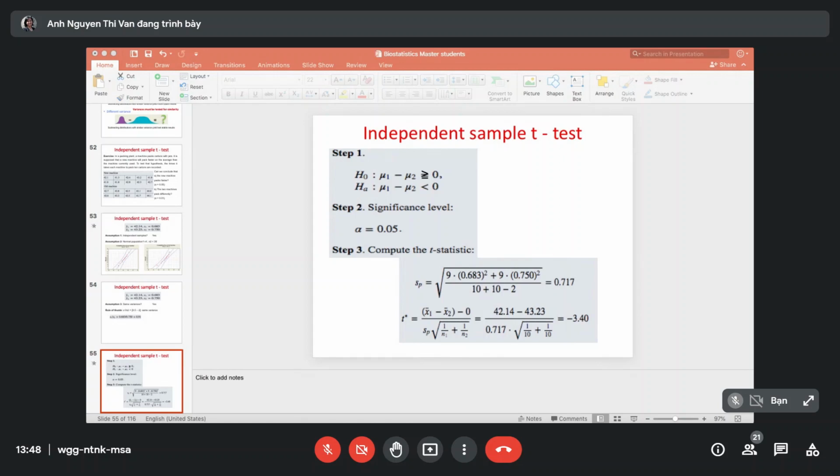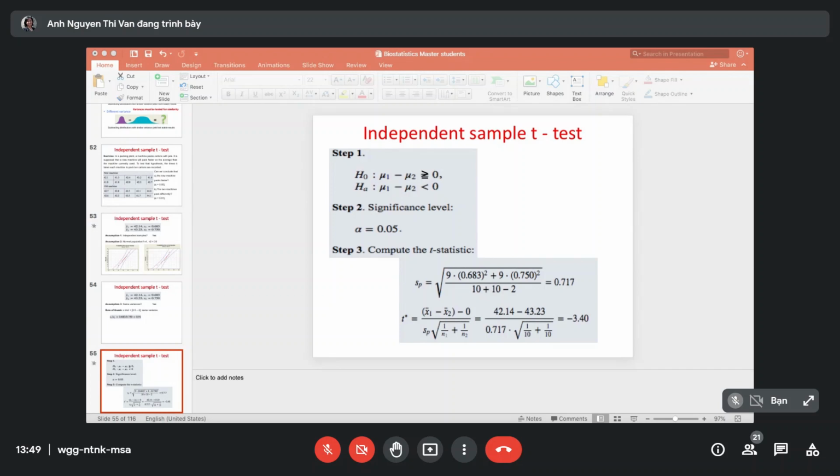We are trying to test H0 to see whether we can reject H0 or not. So we will think about what values can reject H0. What value can reject H0?